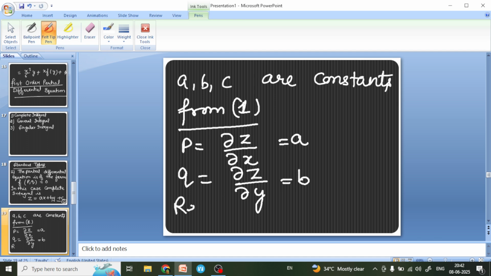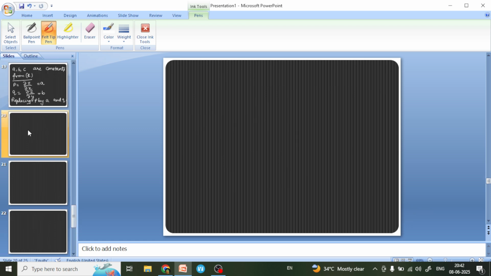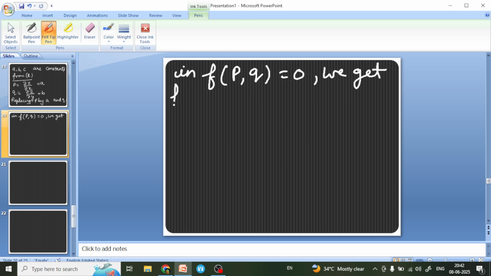After that, replacing p by a and q by b in f of p, q equal to 0, we get f of a, b equal to 0.